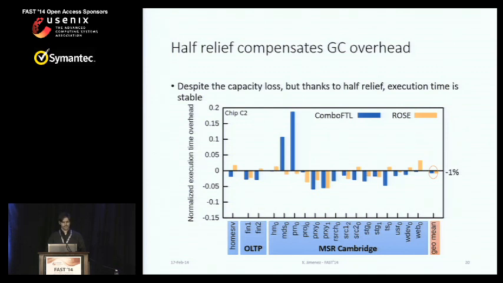It cannot identify efficiently the hot data, and will perform many garbage collections. This will provoke a large garbage collection overhead. But still, on average, we still get a marginal -1% improvement.